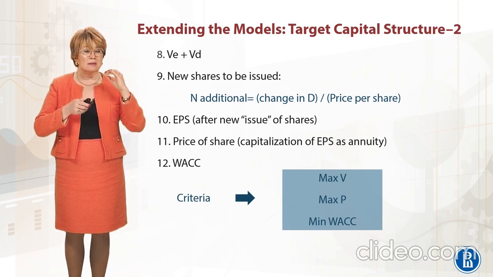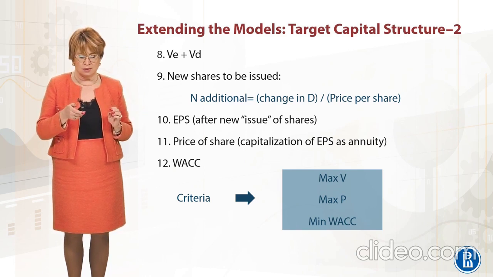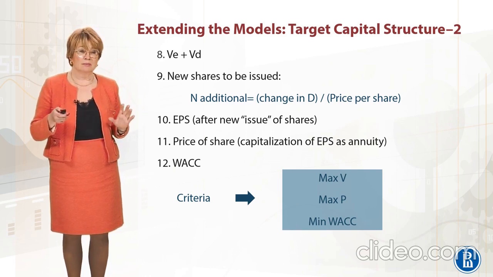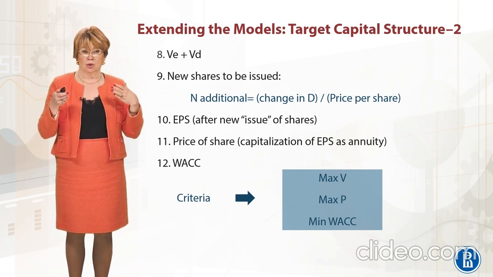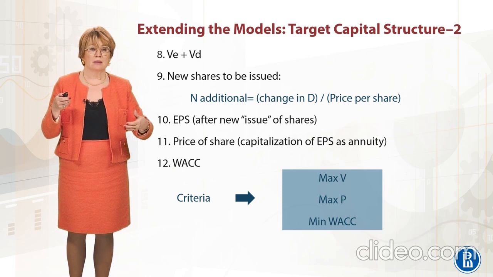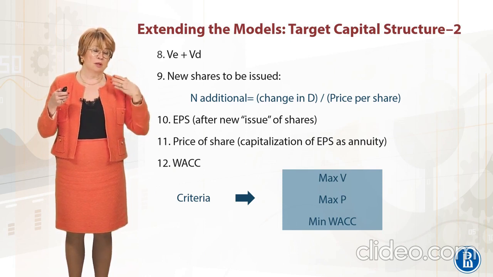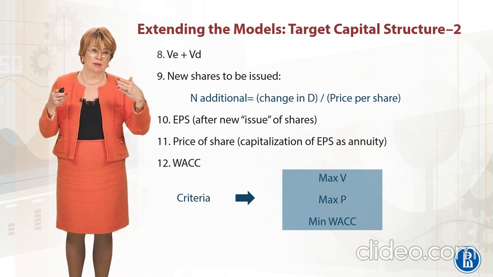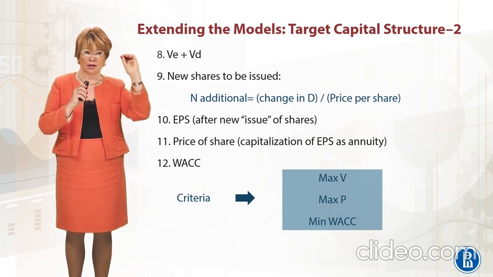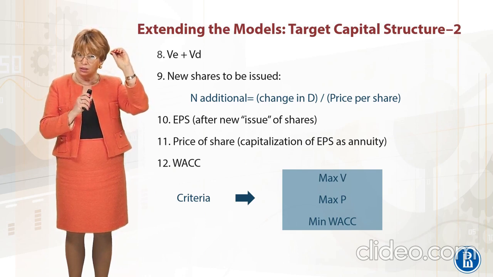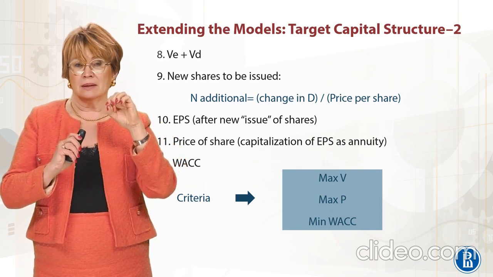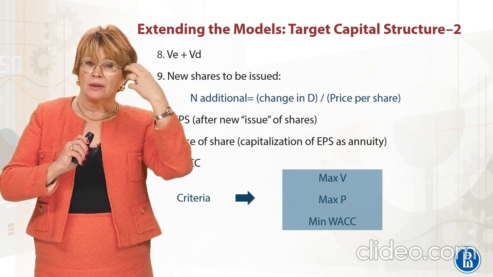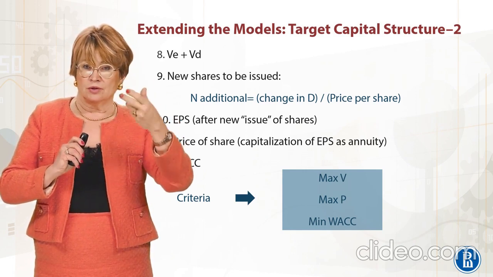And step number 9, which appears here, looks like something unusual, because we are pursuing this assumption, no growth strategy. When we increase financial leverage, we need to buy back or to issue new shares.